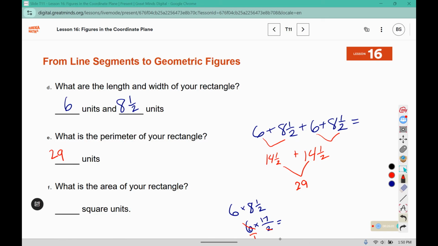We can also simplify as we go. 2 fits into 2 once. 2 fits into 6 3 times. 1 times 1 on the bottom gives us 1. And 3 sets of 17. Well, 3 sets of 10 would be 30. And 3 sets of 7 would be 21. So that would give us 51 over 1, which is just 51. And it's units squared, or square units.